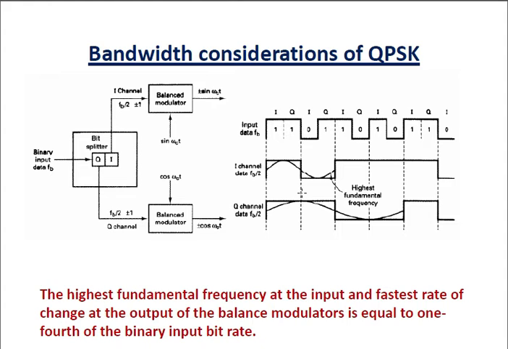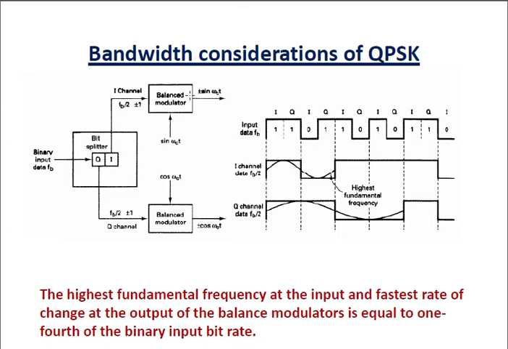The I channel is shifted one way and the Q channel is separated the other way. The balance modulator receives one carrier signal along with the digital data, either logic 1 or logic 0. Logic 1 is represented by plus 1 volt and logic 0 by minus 1 volt.